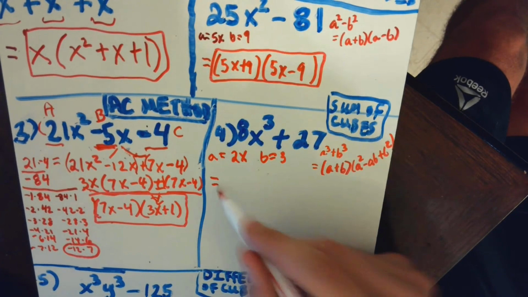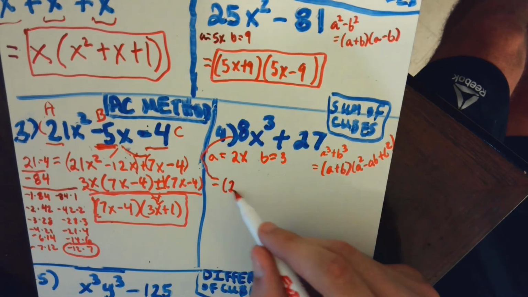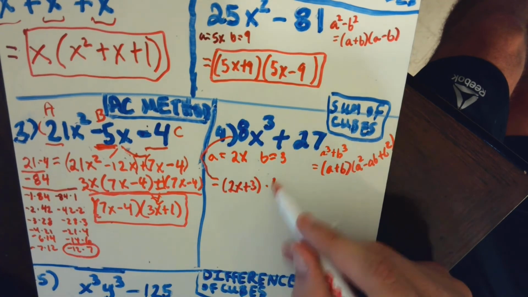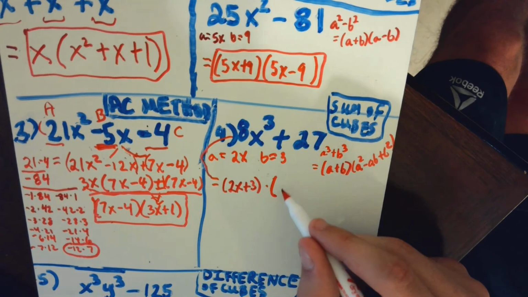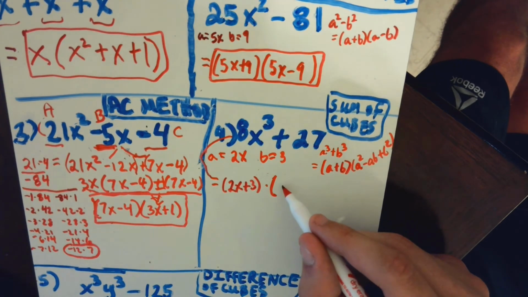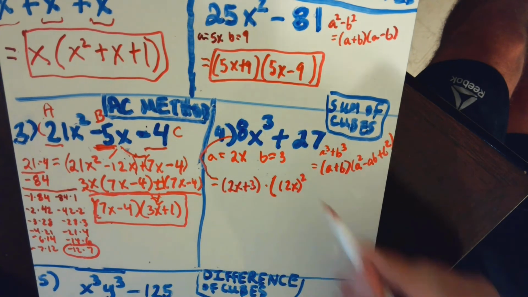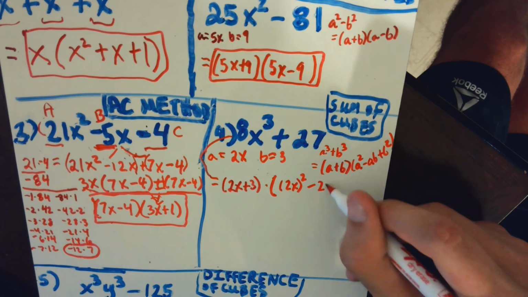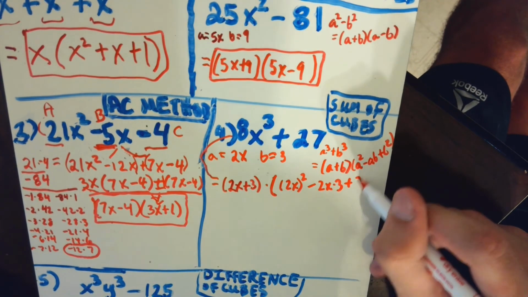So just kind of carrying down an equal sign from up here, we have a plus b, so that's 2x plus 3, times a squared. Well, a squared is 2x squared. So I'll just write that for now, 2x squared, minus a times b, so minus 2x times 3, plus b squared, plus 3 squared.